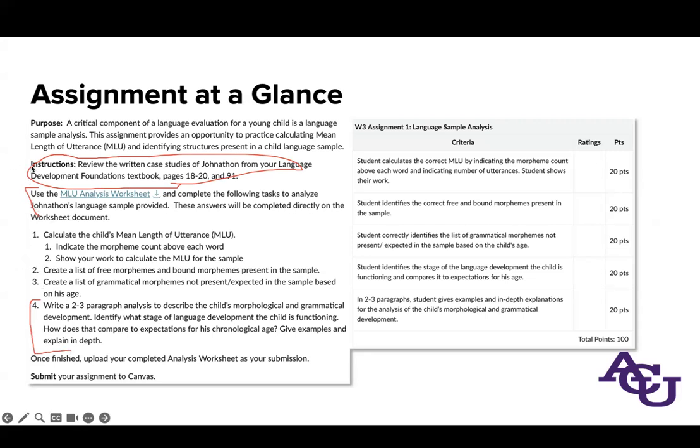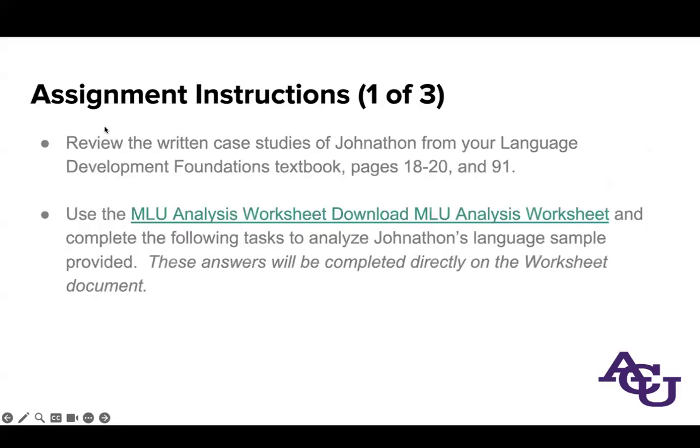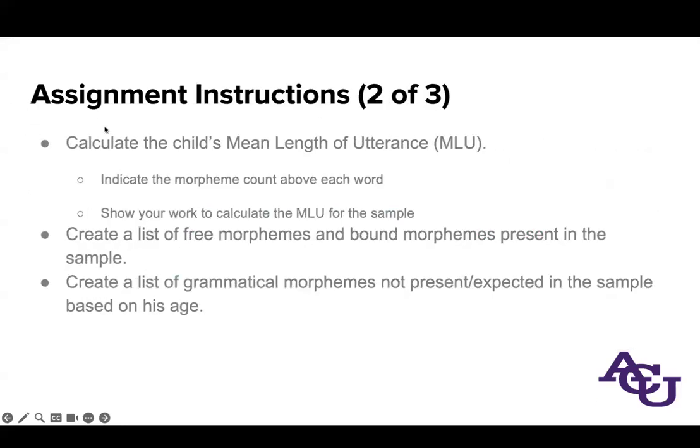Okay, let's break that down task by task. We have, calculate the child's mean length of utterance. And within that discussion of the mean length of utterance, you need to score the morpheme count and show how you calculated the MLU. So write out the math.